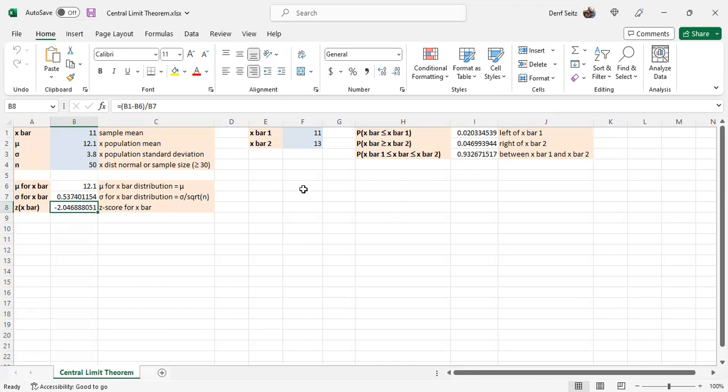On the right are some very convenient calculations.